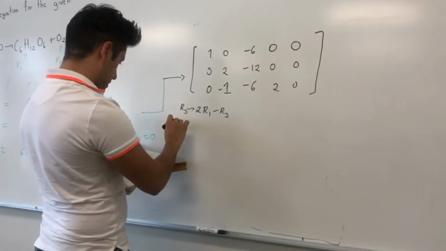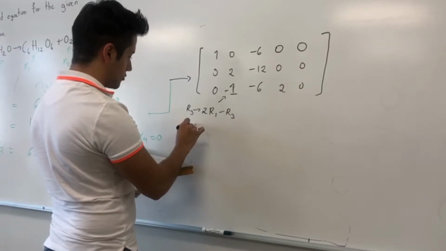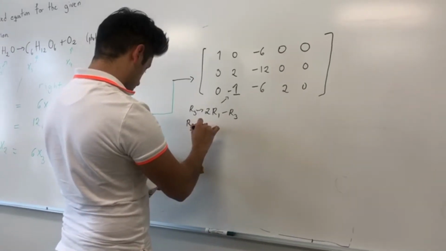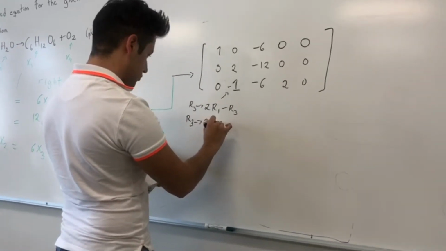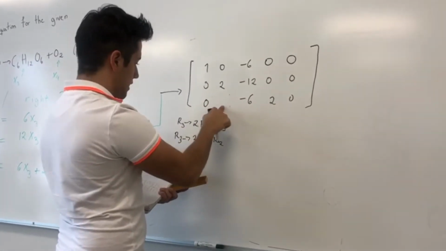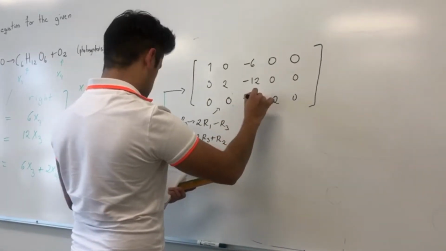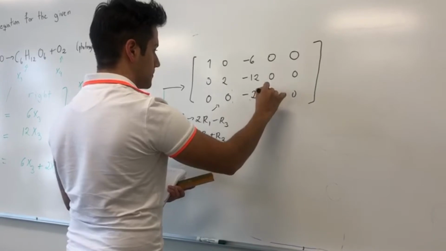The next step will be making this a 0. So again in row 3, we'll do 2 times row 3 plus row 2. So we get rid of this and make it a 0. Here will be a minus 24, and here will be a 4.